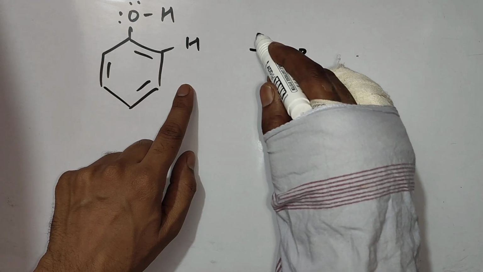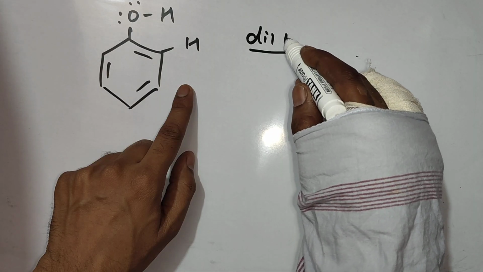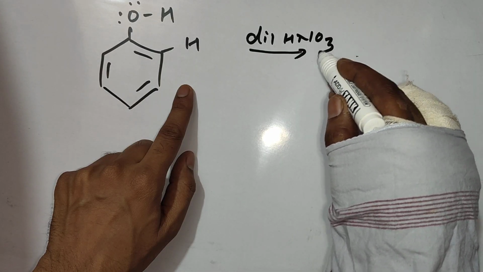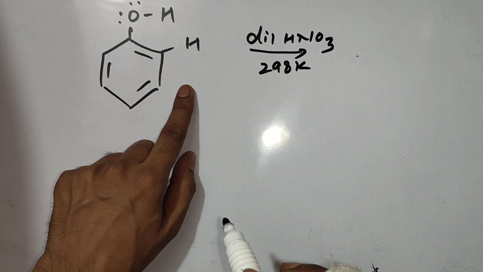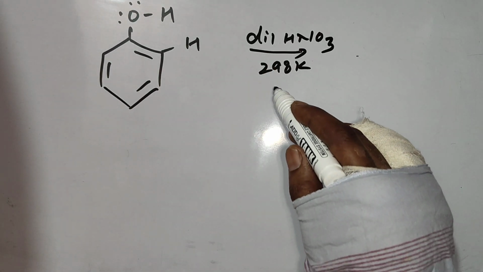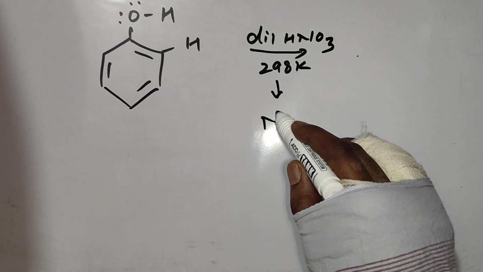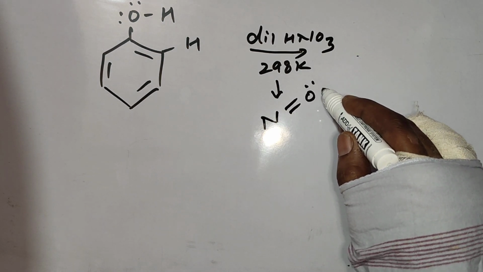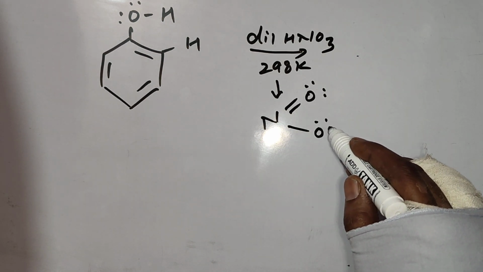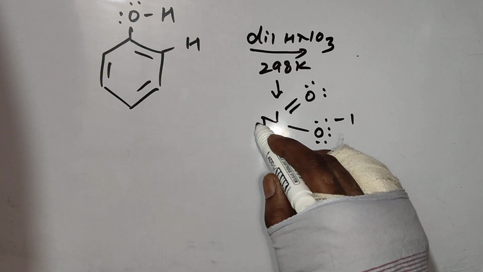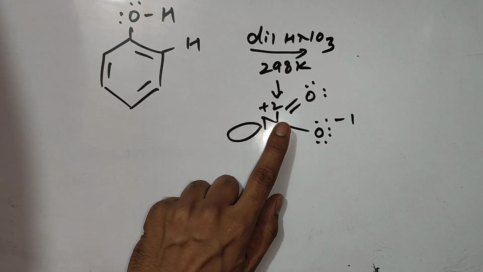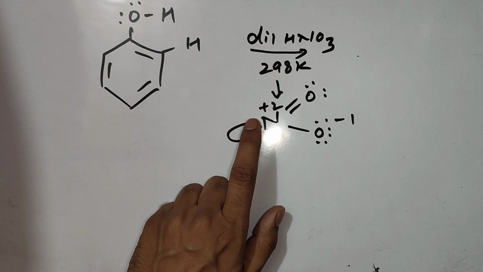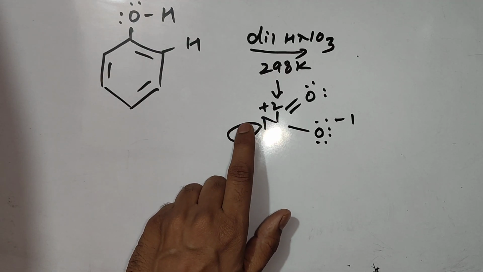So suppose we are using dilute nitric acid, and we are heating it up to 298 Kelvin temperature. We know what this dilute nitric acid will provide us. It will provide us nitronium ion. This is nitronium ion. Nitronium ion is a very strong electrophile. Vacant orbital is there on nitrogen, so it is looking for electrons.